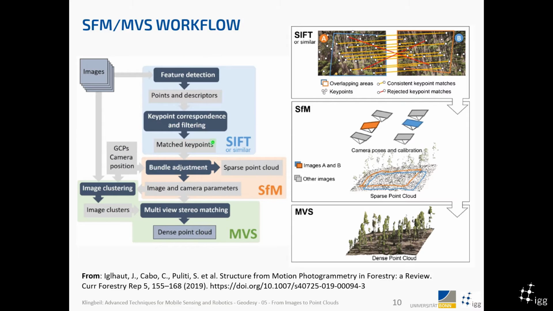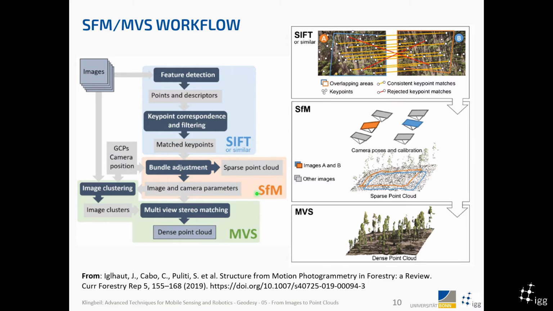So the first part, when we get our images here, is to find features in the images and find all these matching points between the images. Yeah? This includes detecting the features and finding correspondences and so on. So this is to get relative orientations between the different images.